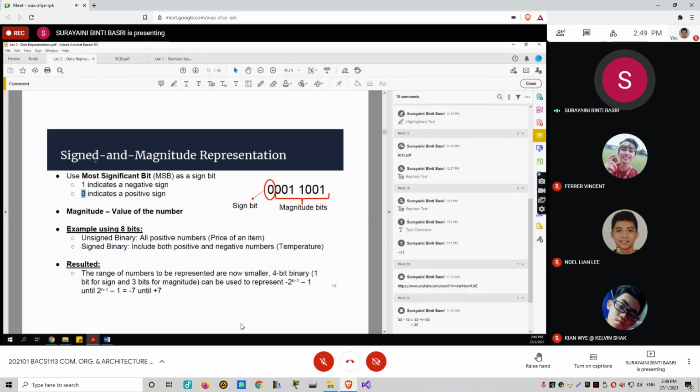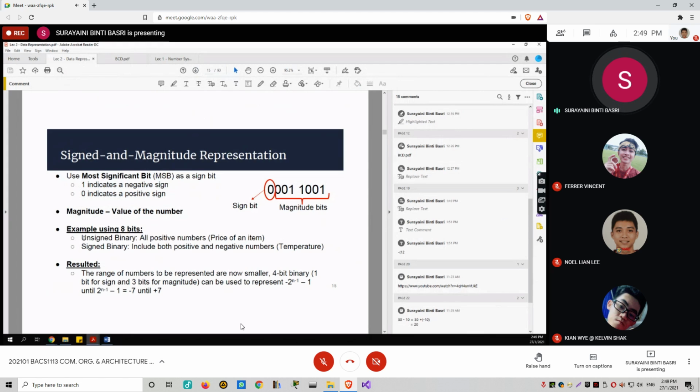But in sign and magnitude representation, it is the opposite. If the most significant bit of that binary number is 0, this number is positive. But if the most significant bit is 1, this number is negative.